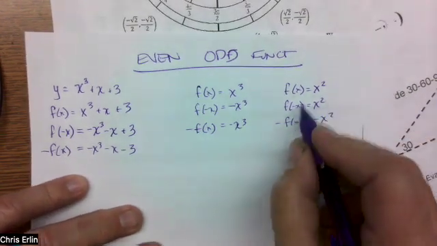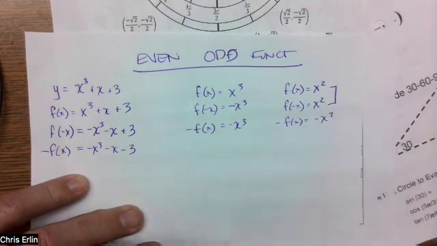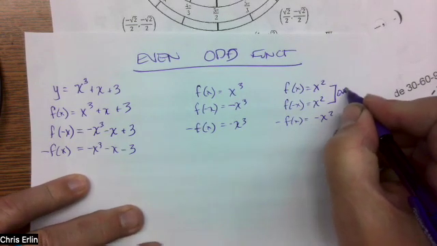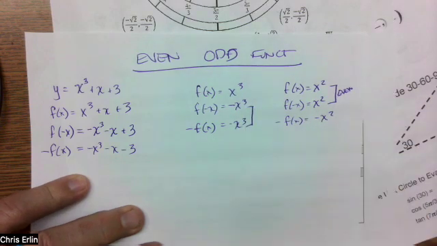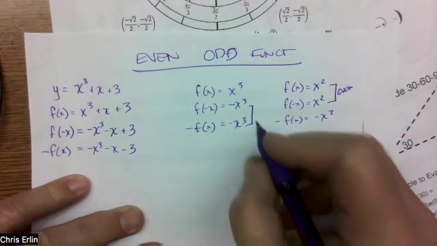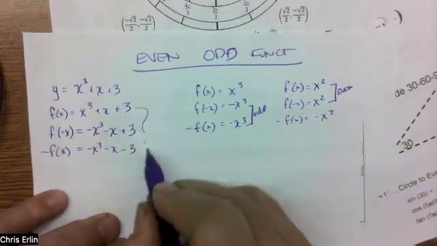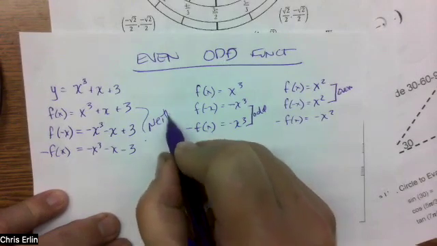When I find that these two match, what kind of function is it? Even. When I find that these two match, what kind of function is it? Odd. When I find that nothing matches, it's neither.